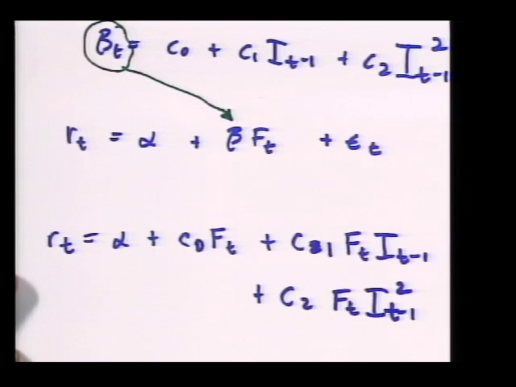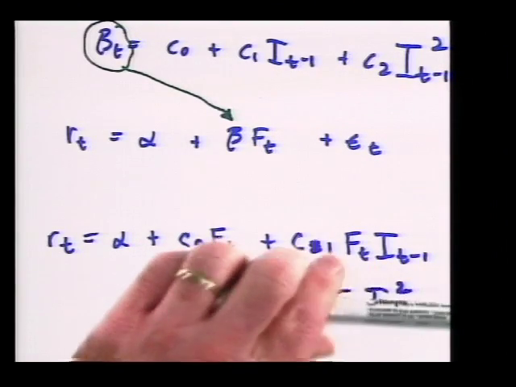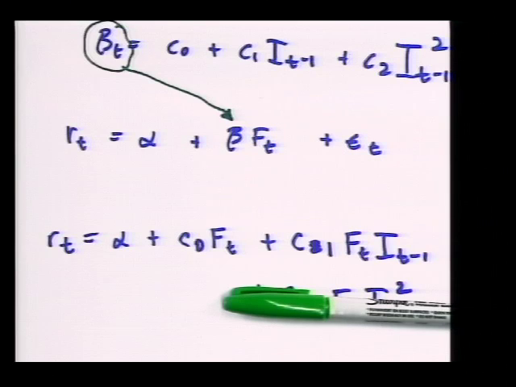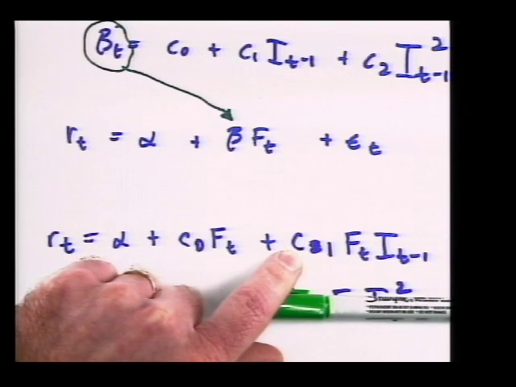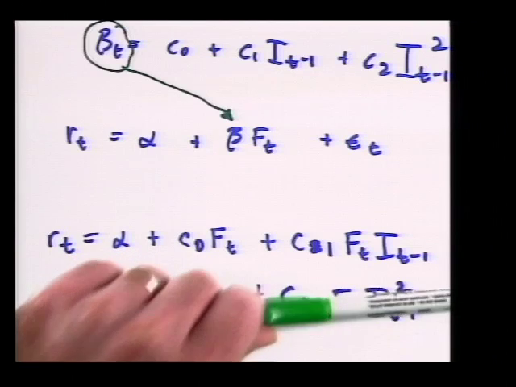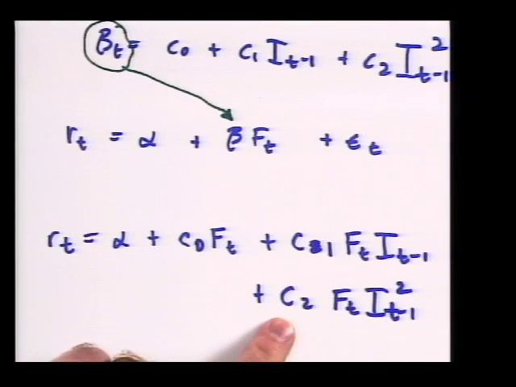Everybody got that? So this is what we had before. We were estimating 3 coefficients, alpha, C0, and C1. Now we just added one more thing. We're getting C2. And we've created an additional variable, which is the factor multiplied by the square of the interest rate.